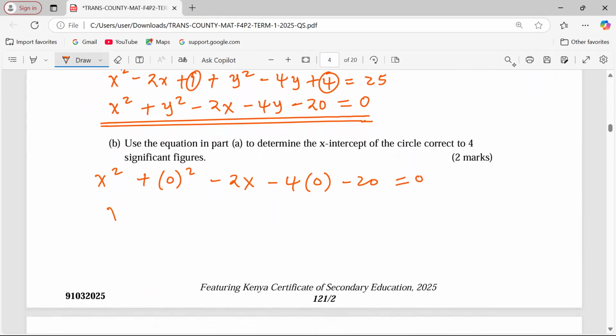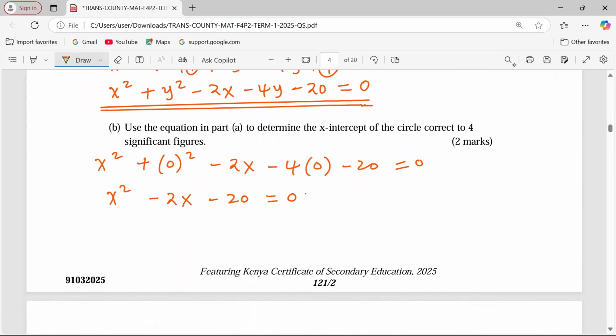So we are having x squared minus 2x minus 20 equals 0. This is the equation that we're supposed to solve to get the values of x when the curve cuts the x-axis.